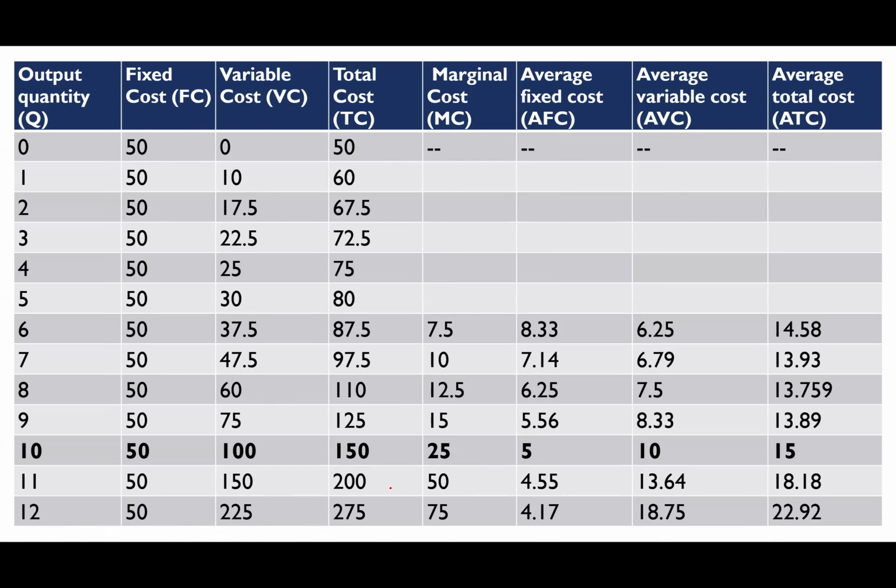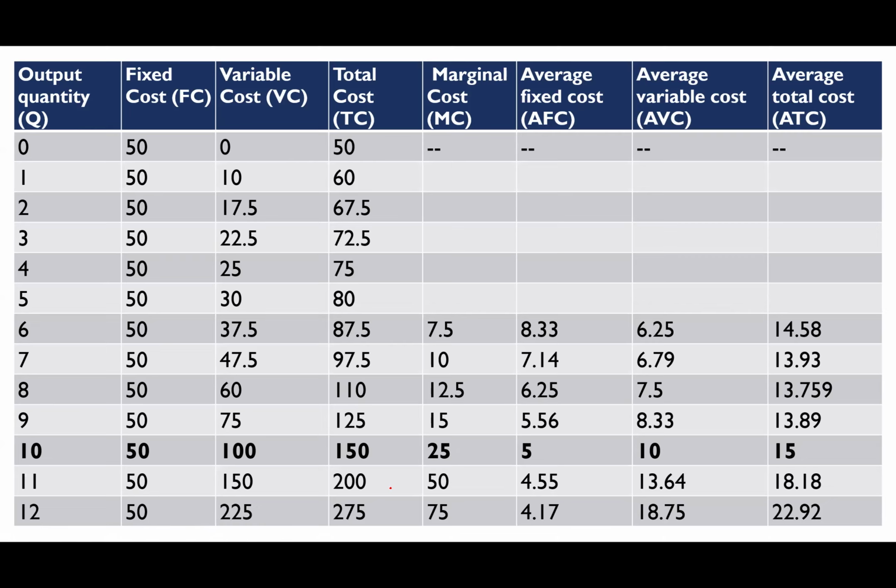And then the remaining columns have marginal cost, average fixed cost, average variable cost, and average total cost. I've left them blank for you here so you can practice solving for these values on your own. So we can do the first couple so I can show you how it's done, and then I invite you to practice on your own time. The next slide will have the answers so you can see what you should be getting.